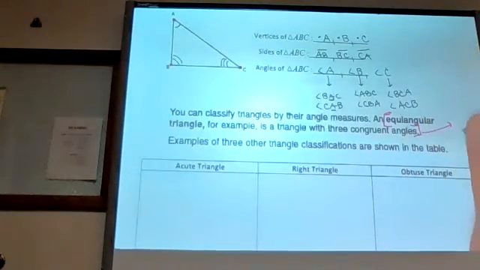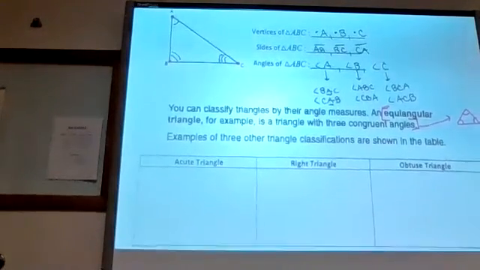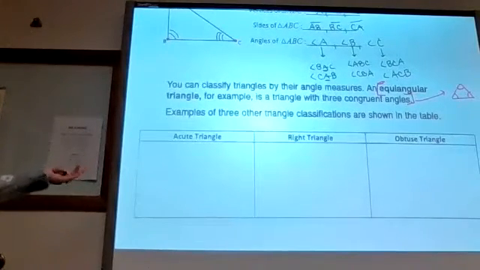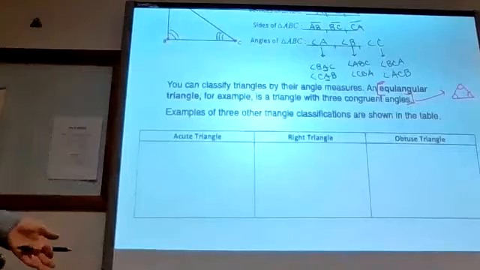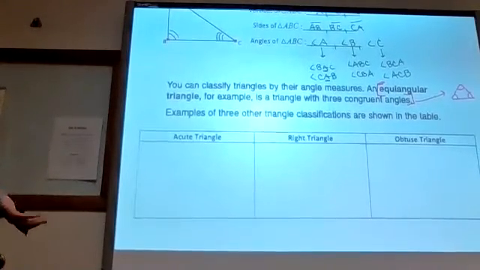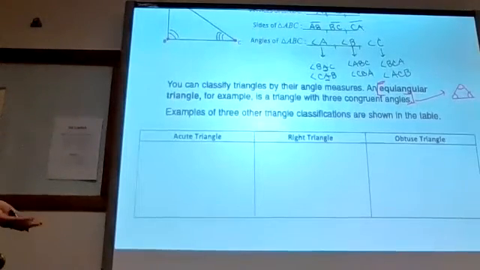An equiangular triangle is a triangle where all 3 angles are the same. We'll talk more about that type of triangle in a little bit. We've already talked about acute and obtuse angles. So that should help you know an acute and obtuse triangle.